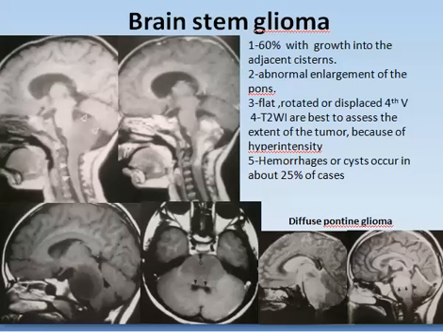Brainstem glioma, here is a large one, 60% growing into the adjacent cisterns, abnormal enlargement of the pons, flat, rotated or displaced fourth ventricle. T2 is the best as it appears hyperintense. Hemorrhage and cysts can occur.